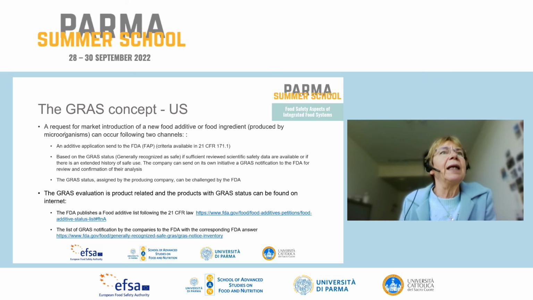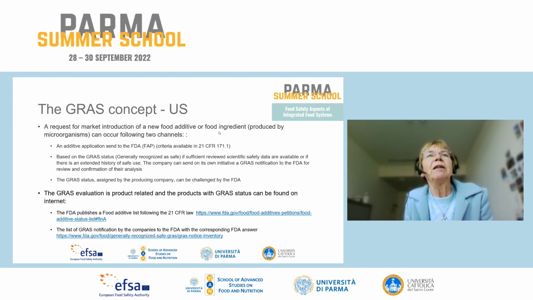In the United States, when you want to get your product on the market, a new food additive or a new food ingredient, you can do it by just sending a dossier to the FDA. It's a bit like you would do it in Europe, but you can also do it based on the GRAS status, the generally recognized as safe status.